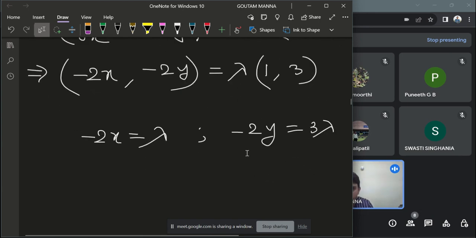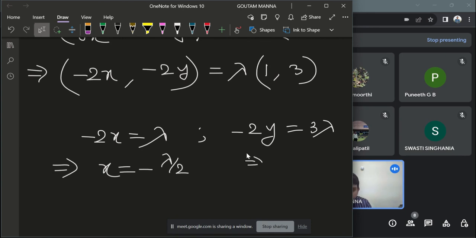Okay, so from here we calculate the value of x, it will be minus lambda by 2, and from here the value of y will be minus 3 by 2 lambda.